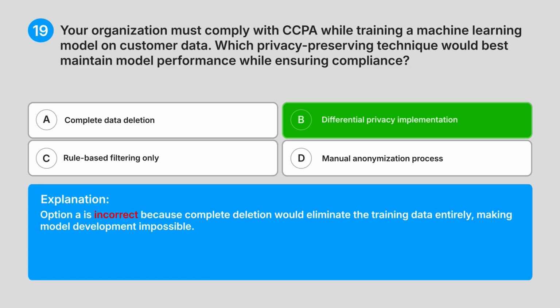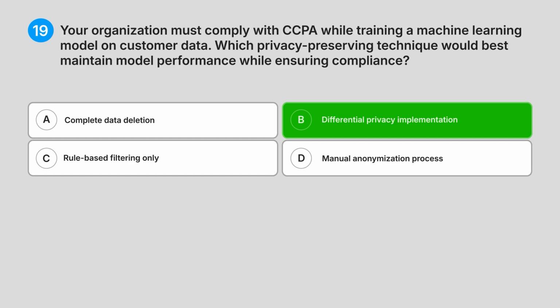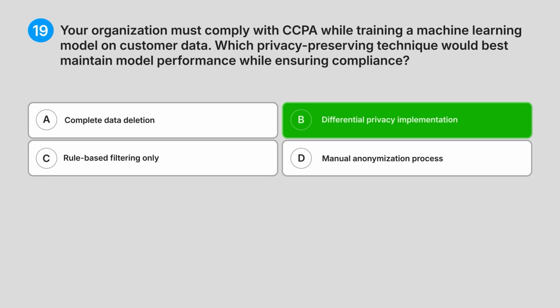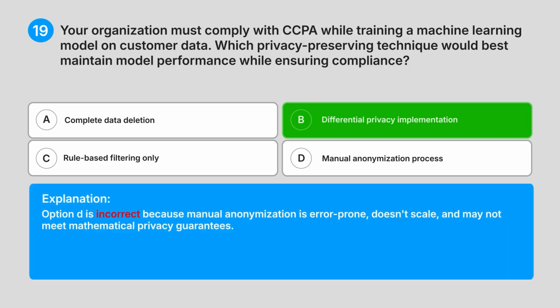Option A is incorrect because complete deletion would eliminate the training data entirely, making model development impossible. Option C is incorrect because rule-based filtering might remove important patterns and doesn't guarantee privacy protection levels required by CCPA. Option D is incorrect because manual anonymization is error-prone, doesn't scale, and may not meet mathematical privacy guarantees.